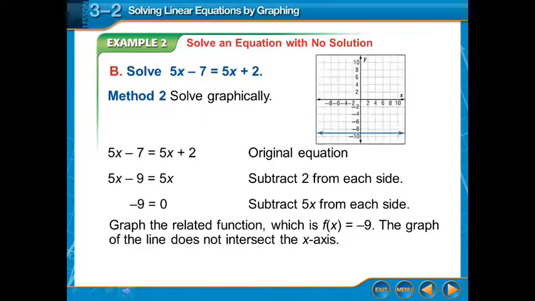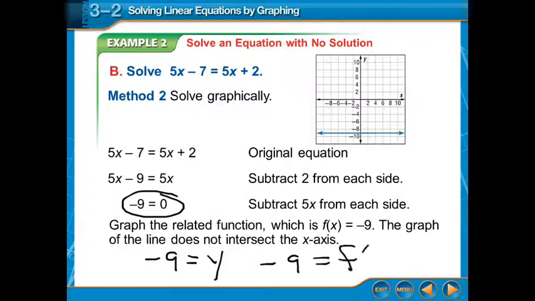So graph the related function. You're taking out this 0 right here, and we're writing a related function: negative 9 equals y, or negative 9 equals f of x. That means the function value is negative 9. So if we graph this, notice that it graphs as a horizontal line.